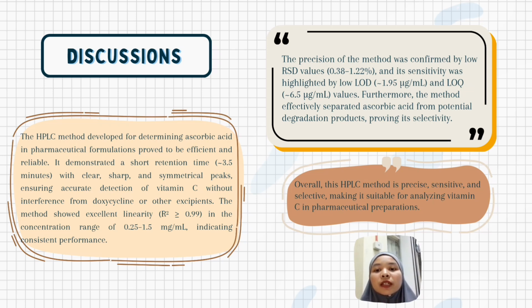The precision of the method was confirmed by low RSD values, and its sensitivity was highlighted by low LOD and LOQ values. Furthermore, the method effectively separated ascorbic acid from potential degradation products, proving its selectivity. Overall, this HPLC method is precise, sensitive, and selective, making it suitable for analyzing vitamin C in pharmaceutical preparations.